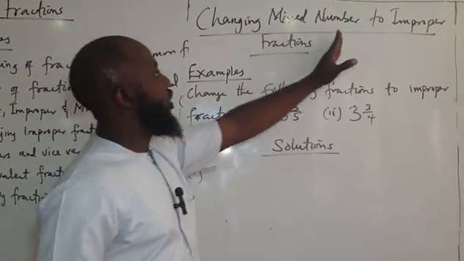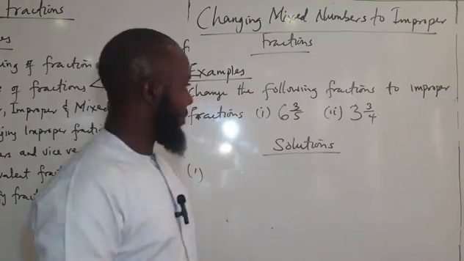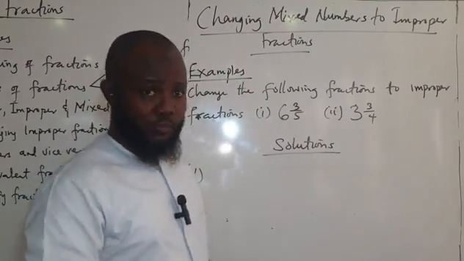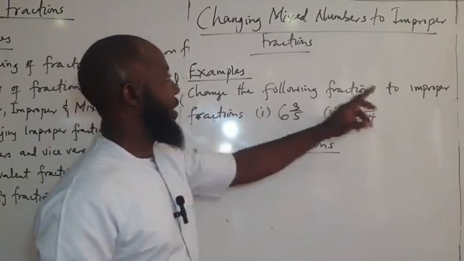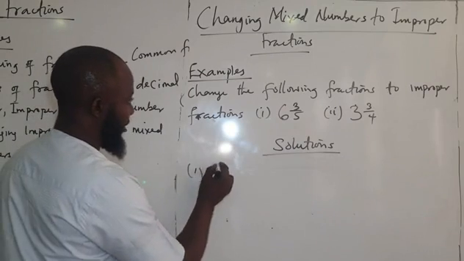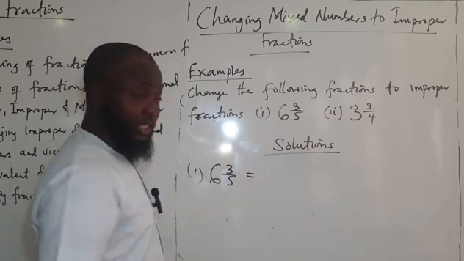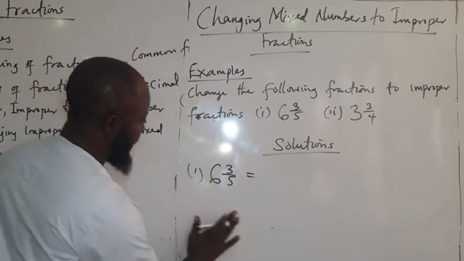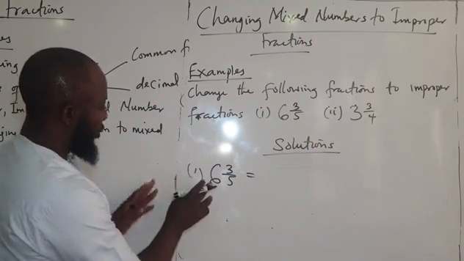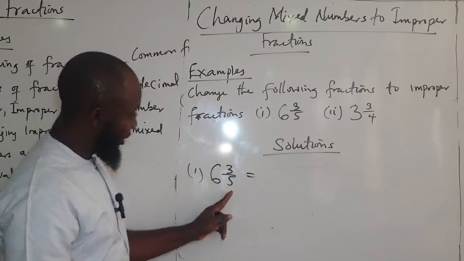Changing mixed numbers to improper fractions. Just the opposite of what you just finished now. So change the following to improper fractions. The first one we have 6 whole number, 3 all over 5. It's very straightforward. The whole number, you use it to multiply the denominator.